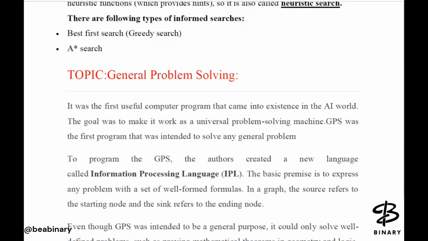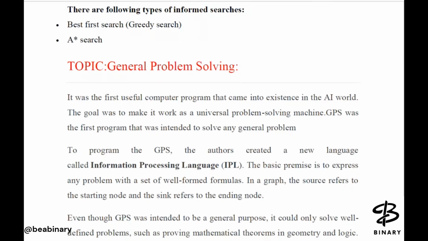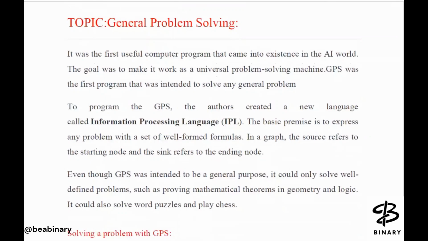To program the GPS, the author created a new language called information processing language. In this language, the basic premise is to express any problem with a set of well-formed formulas. In a graph, the source refers to the starting node and the sink refers to the ending node.